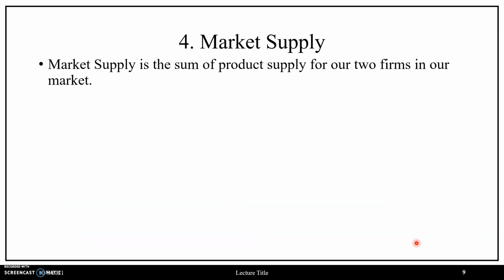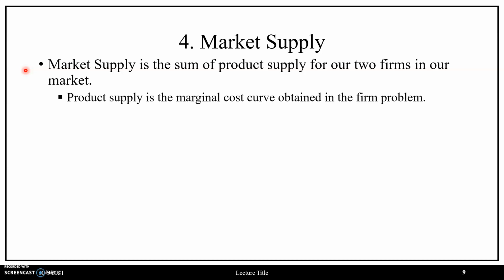Now, with that in mind, let us repeat the process, but from the perspective of market supply, which is going to be the sum of product supply for our two firms in our market, where product supply is going to be the marginal cost curve obtained in the firm problem, where recall that a firm problem is to maximize profits subject to the production constraint.